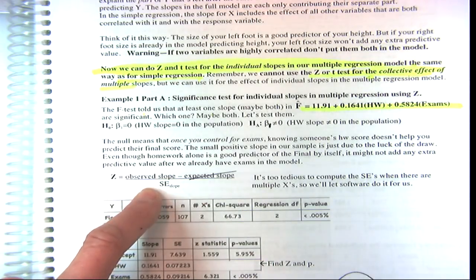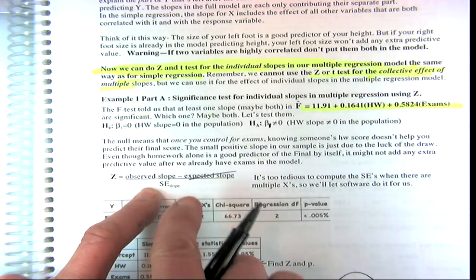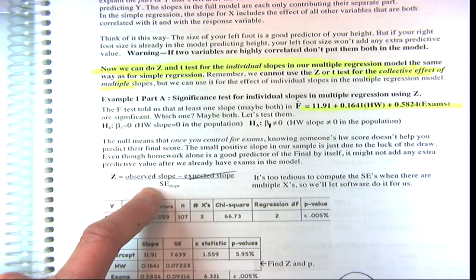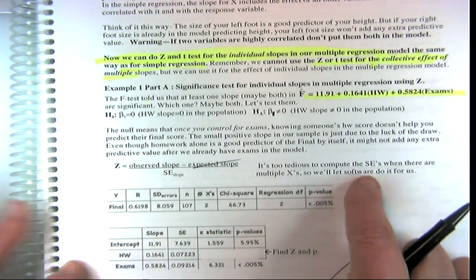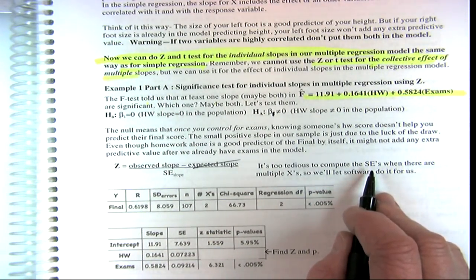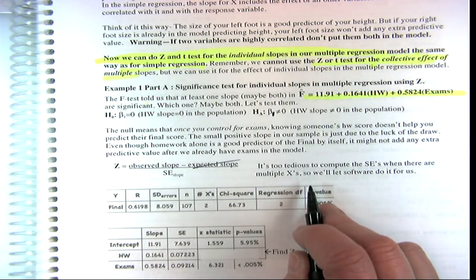We get that statistic, and then we look at the sampling distribution of that statistic under the null and see how weird it would be to get it. It's too tedious to compute these standard errors with multiple x's, so we're just going to let the software do it for us.